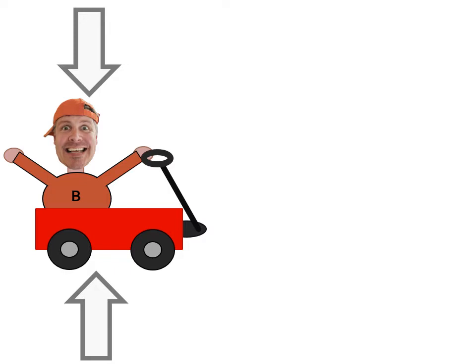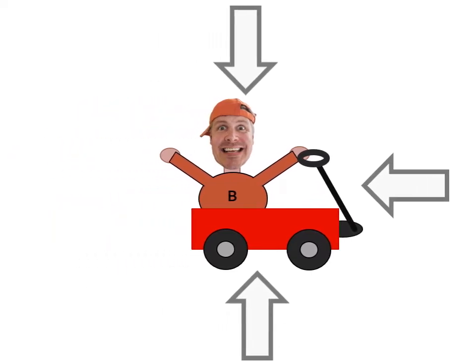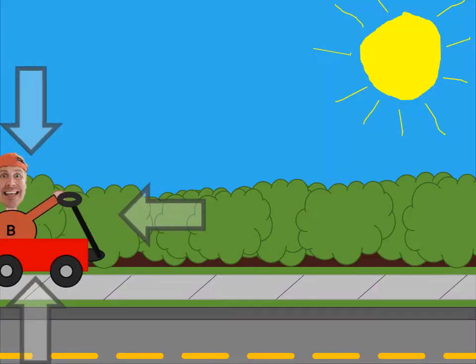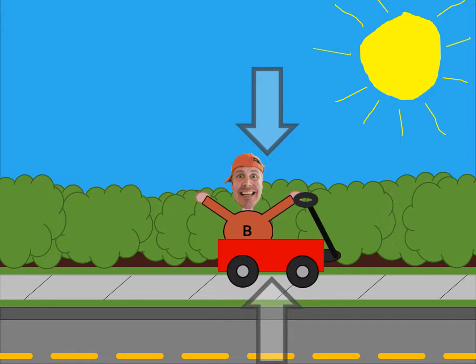As long as we're moving though, there's something always trying to slow us down, and that is a force called friction. If we stop, friction then disappears. So that unbalanced force of friction brings the kid to a stop, and he will remain at rest until some new unbalanced force causes him to move again.